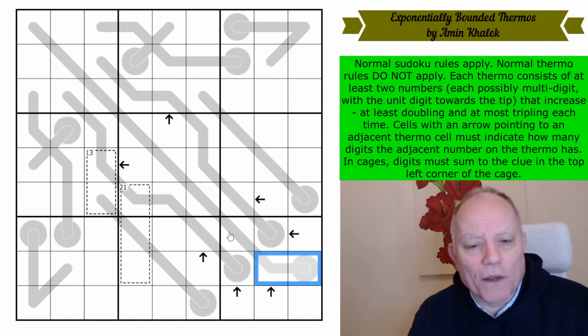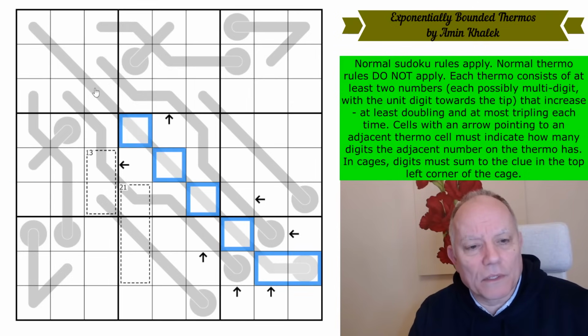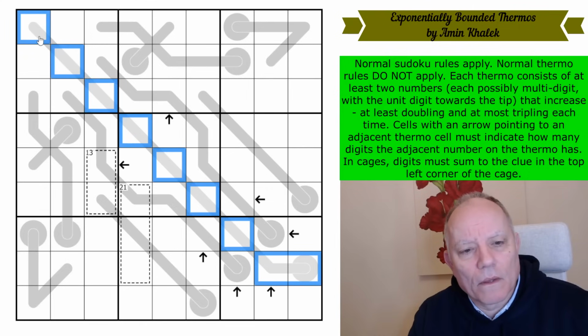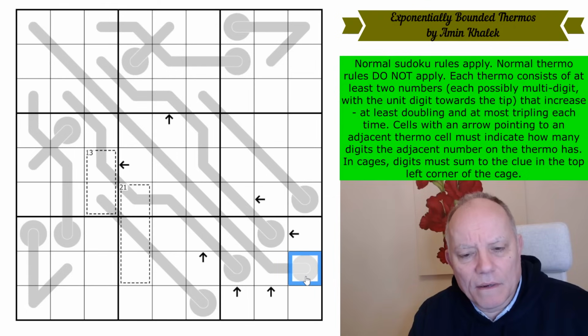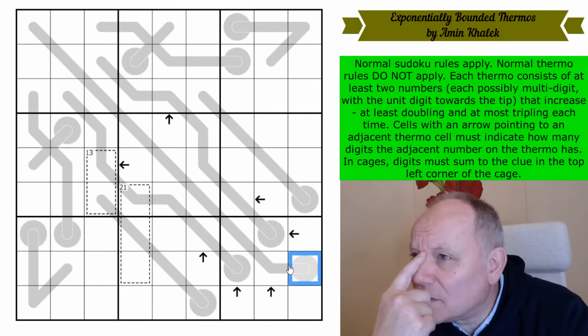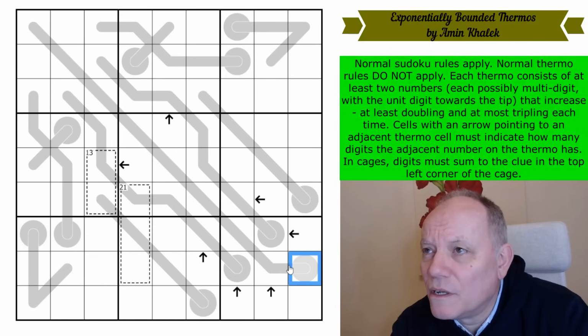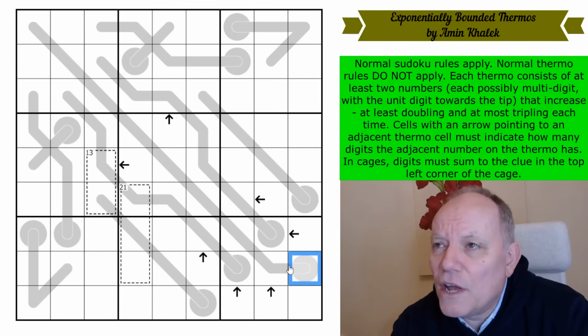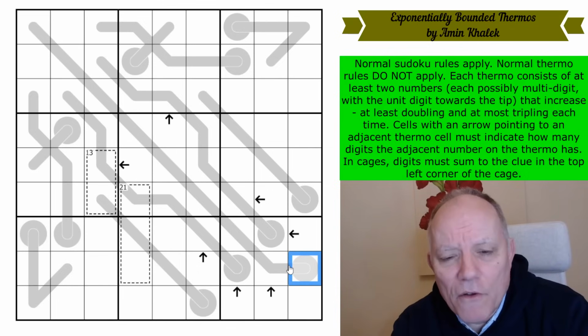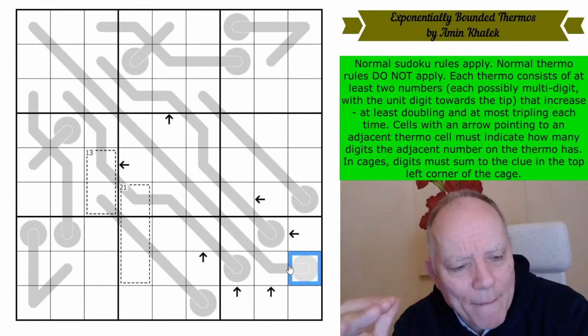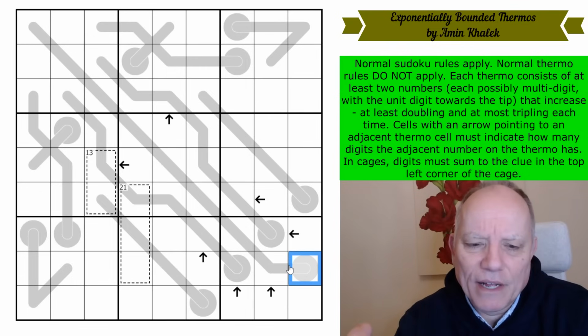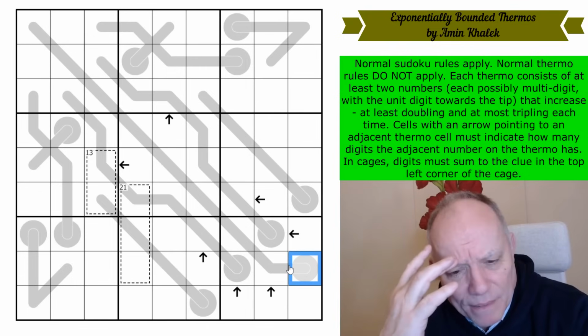This long one is 9 cells long. But I mean, that could be, I don't know. I suppose you can't change the number of digits along a thermo very often because you're only maximally tripling to get to the next number.